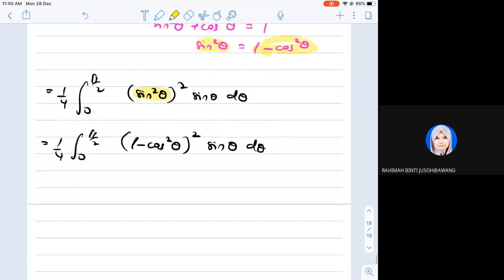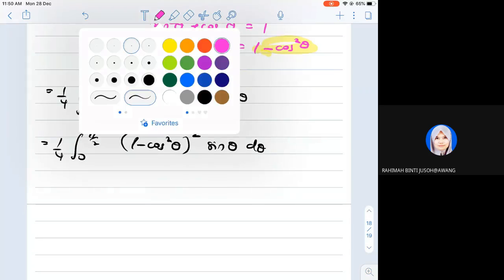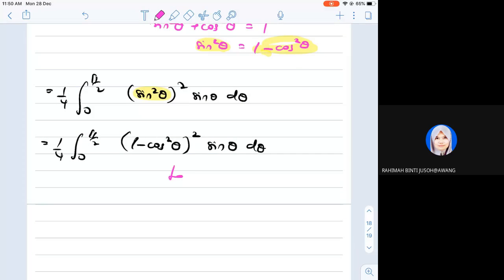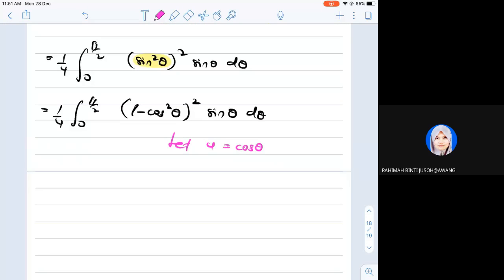So now only then can we use substitution. Yes. So we can let u equal to cos theta. Okay, let u equal to cos theta. So differentiating u, differentiating cos, we get negative sin theta d theta. Therefore d theta is equivalent to negative du over sin theta.